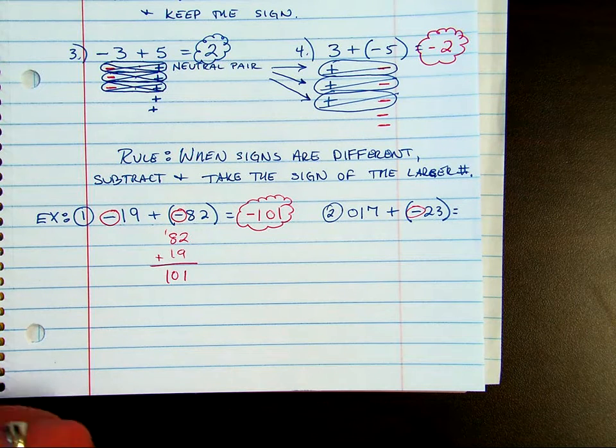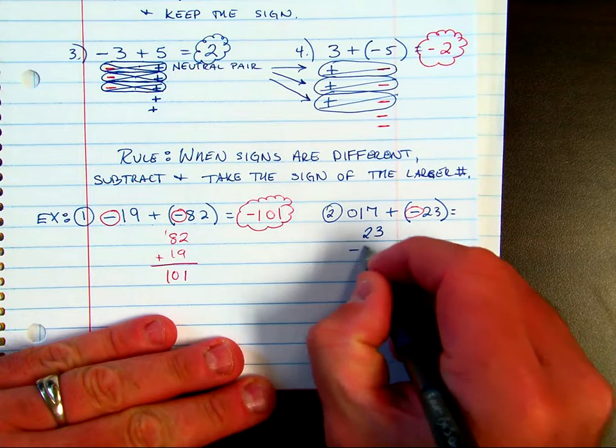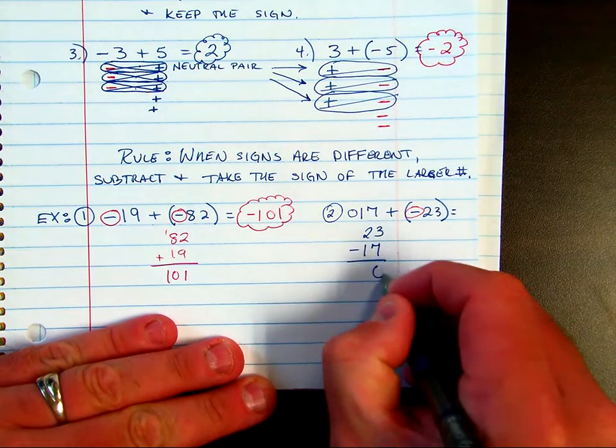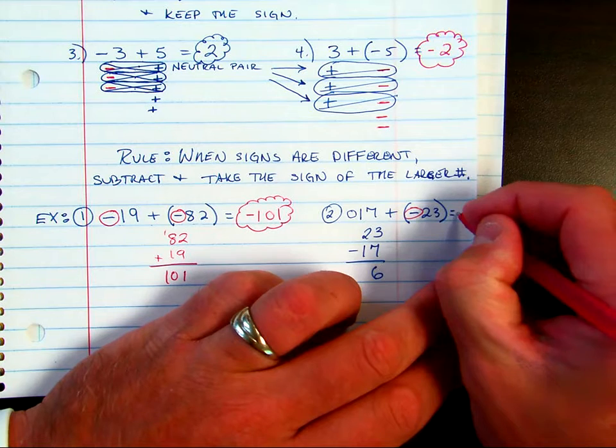Right, the signs are different. So in this situation, we have to subtract and we get 6. 23 minus 17 is 6. However, what do we have more of? Do we have more positives or do we have more negatives, Victor? Right. So the answer is actually going to be negative 6.